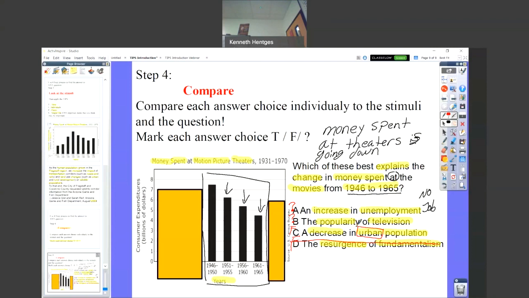Now, ladies and gentlemen, you have a choice. An increase in unemployment or the popularity of television. Here's where knowing a little bit of history comes in. Where was TV invented?